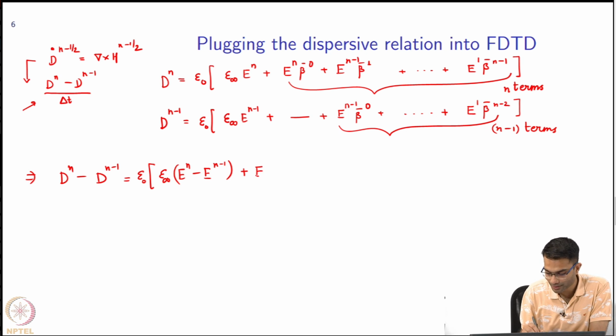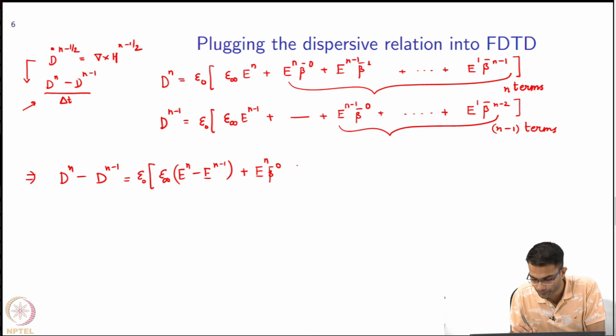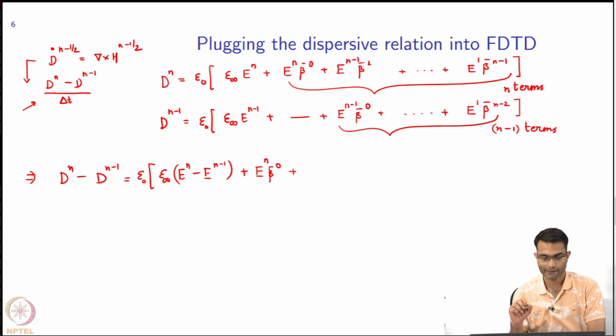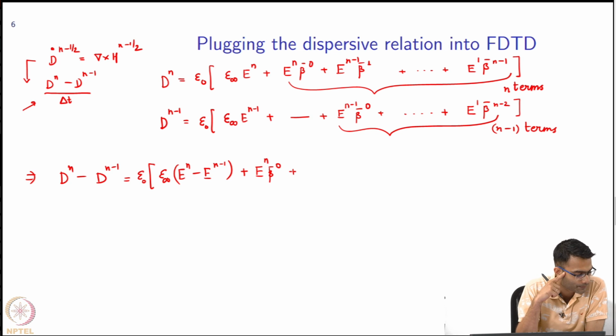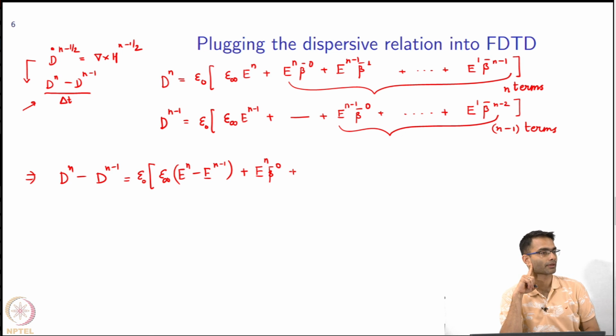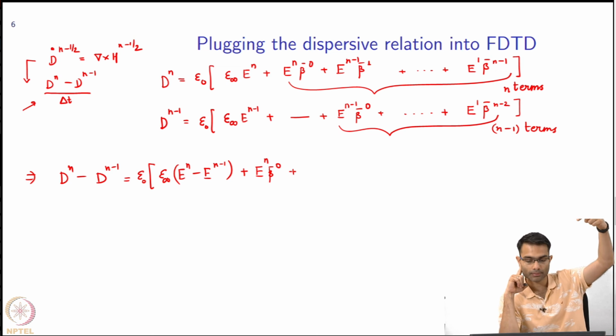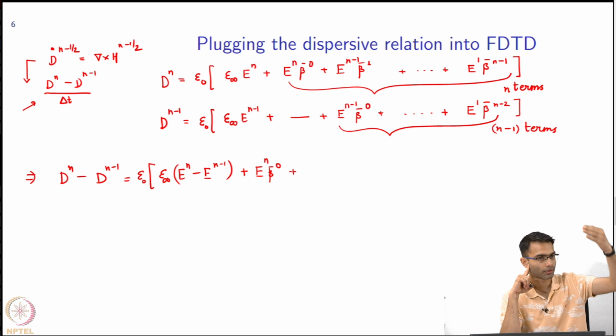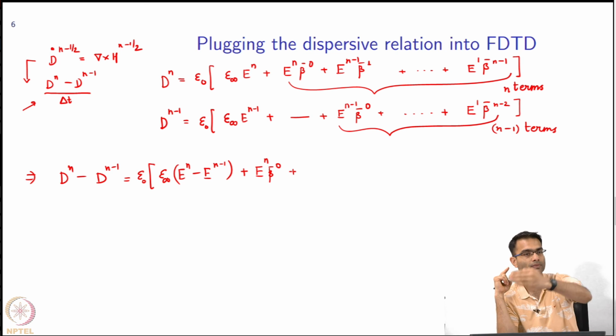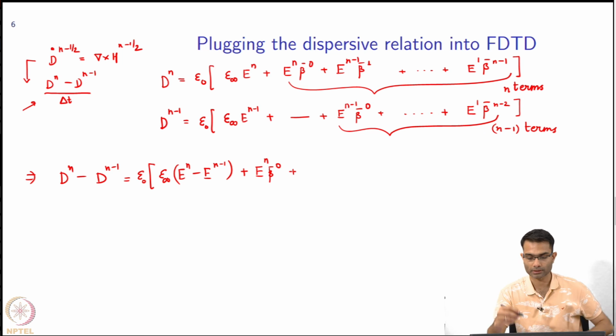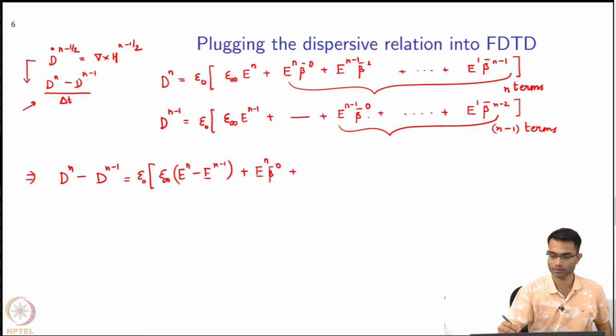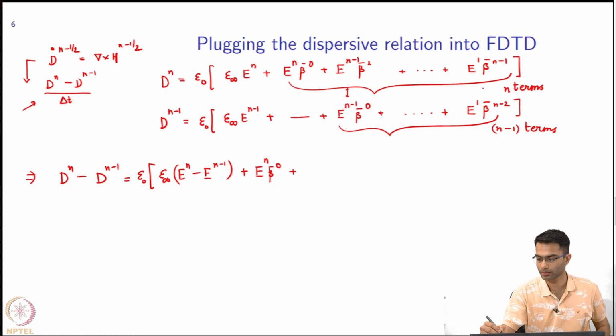So, we will just write him as E n beta bar 0. Then I have the electric field will be common and the beta bars are different. I have E n minus 1, beta bar 1 and then beta bar 0. Now, I am just going to subtract all of these n minus 1 terms from each other. That is why I wrote them one above the other. So, these terms I am going to subtract.